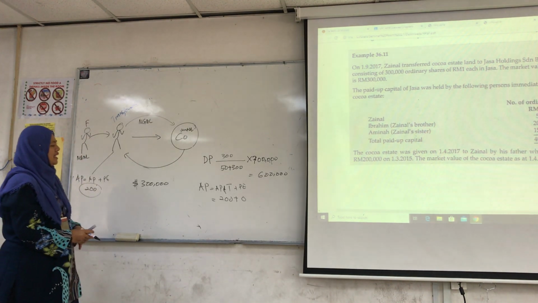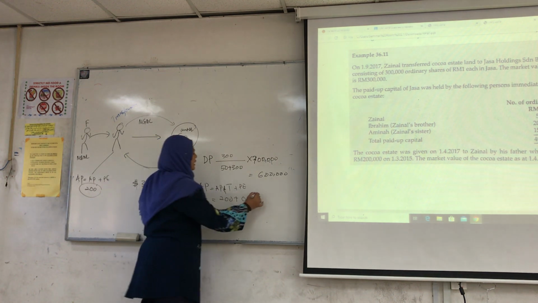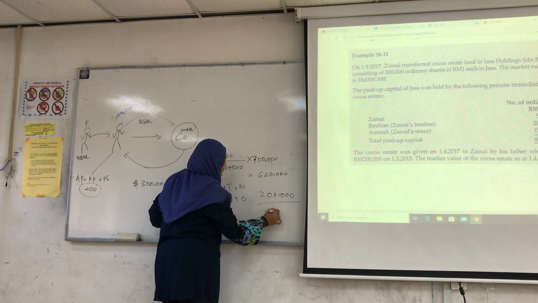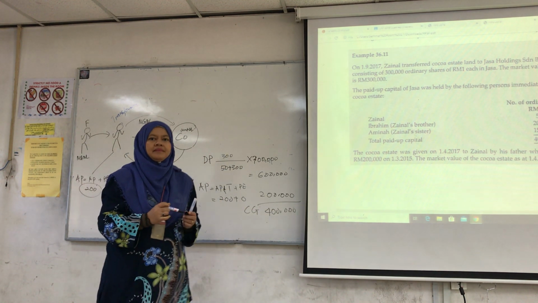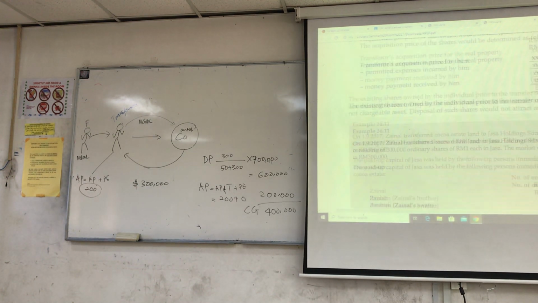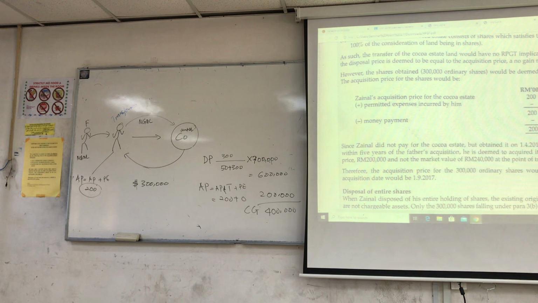So in this case, what is the AP? 200. So disposal price is 600, AP is 200. What is 400? 400 is your chargeable gain. Is it the same answer? Right. So in this case, Zainal's acquisition price is 200,000.